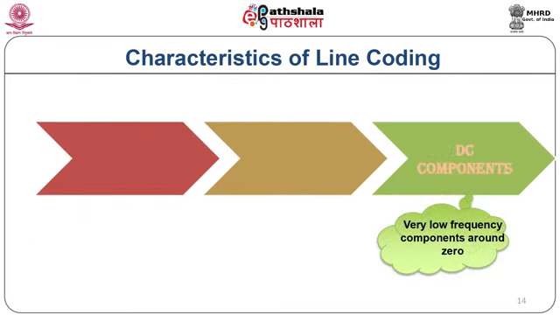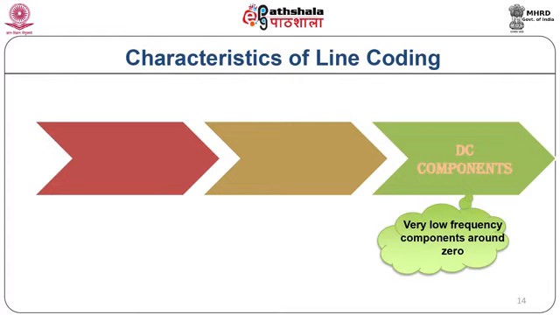Very low frequencies around zero, which are the consequence of the existence of a constant voltage level in a digital signal, are known as direct current or DC components. These components significantly induce problems in systems using transformer coupling, and since most transmission channels are bandpass, they may not support low frequency signals.